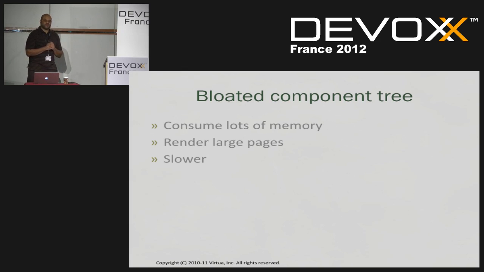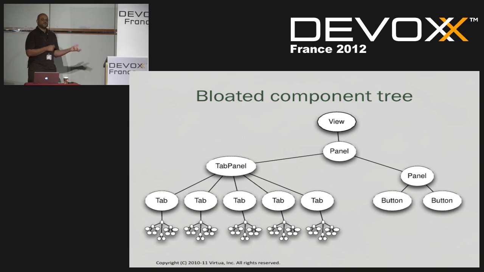So JSF, for better or worse, is a stateful component framework. So this means that every component that you put on a page has a server-side footprint, right? It has an object on the server which has some state, okay? So if you have a page like this, and in a more realistic application, this part of the page, the actual form, would probably be at least 2 or 3 times as large, this is going to take up a lot of memory, right?